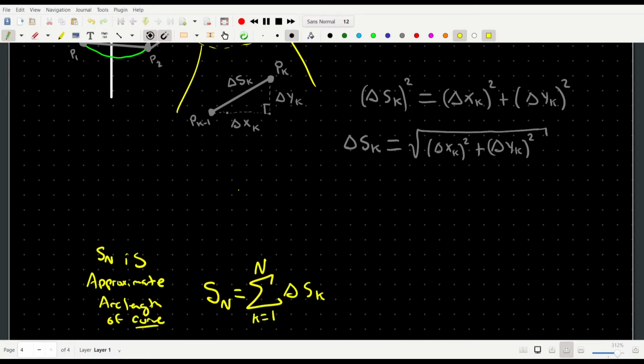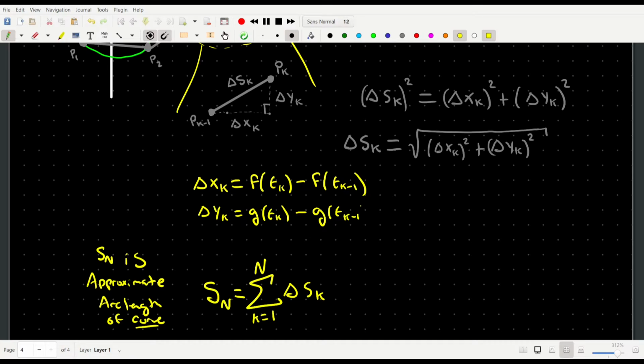And we know that delta xk is going to be f of tk minus f of tk minus 1, and delta yk will be g of tk minus g of tk minus 1.